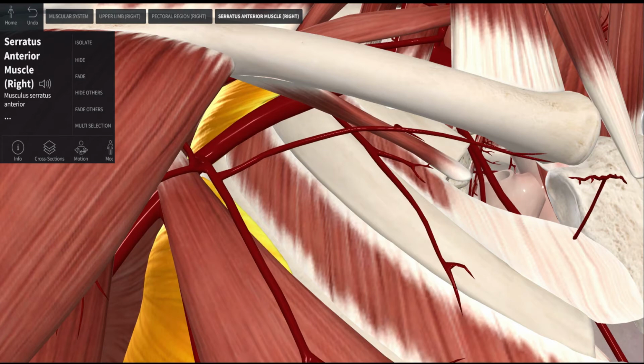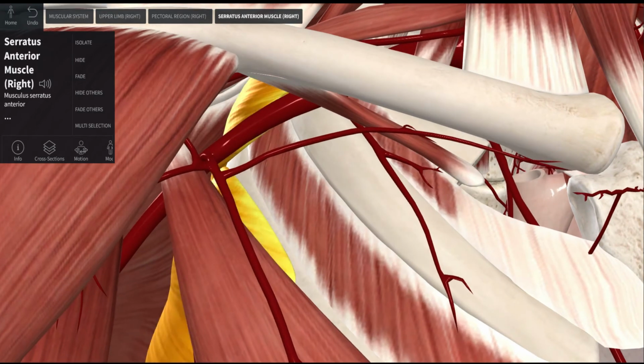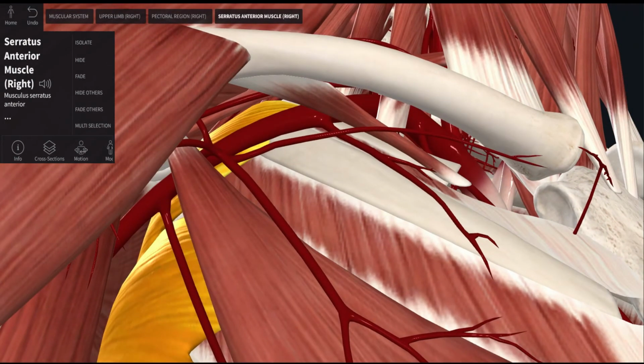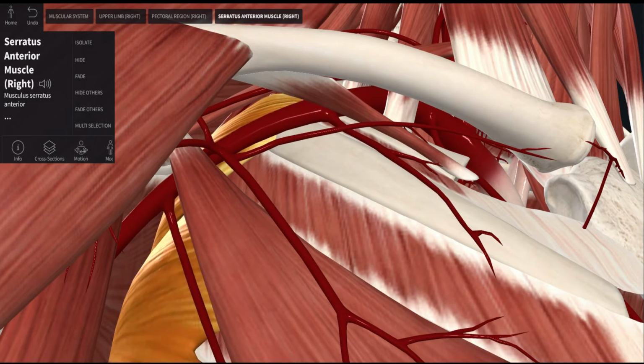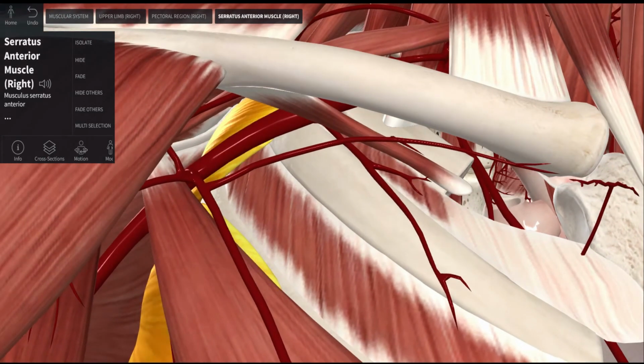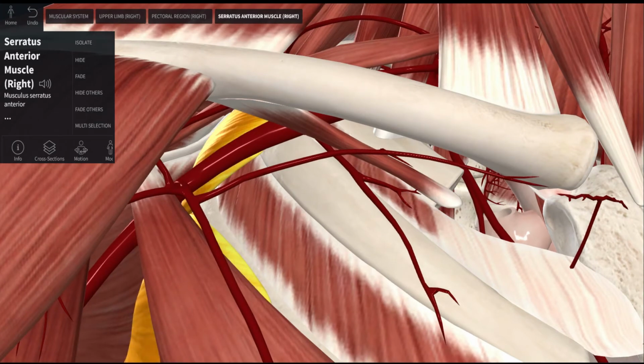Very, very important. The serratus anterior muscle originates via digitations, right? We know this. So the first two digitations are the posterior relation for the axillary artery's first part.